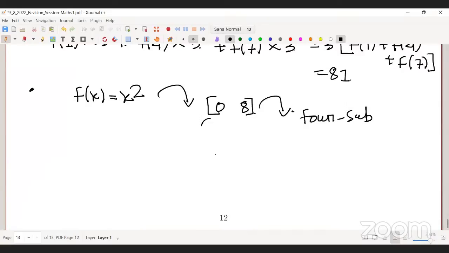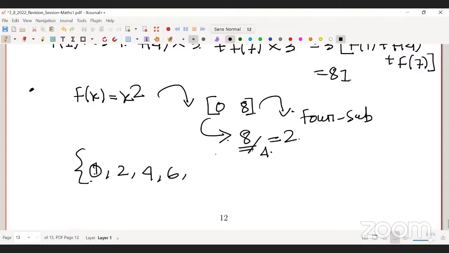So what is the length of each sub interval? 2. The length of the interval is 8, so if we divide it into 4 sub intervals, then the length of each will be 2. So the partition is 0 to 2, 2 to 4, 4 to 6, and 6 to 8.